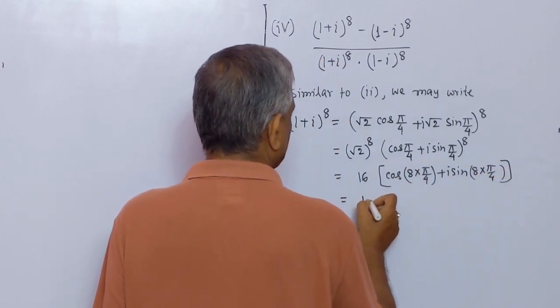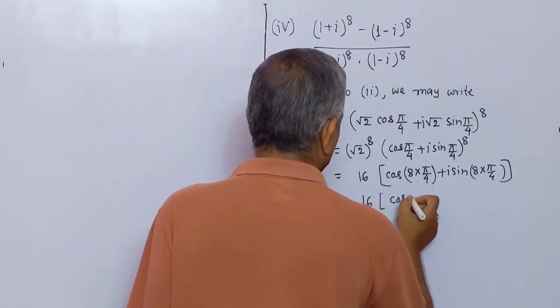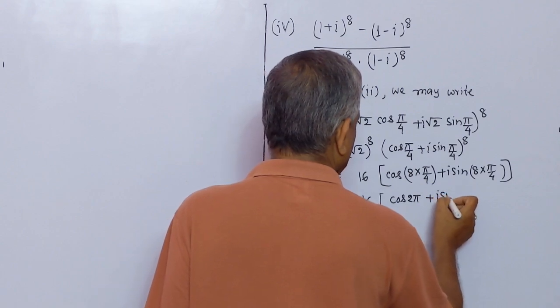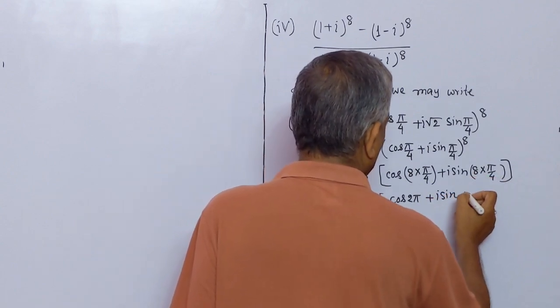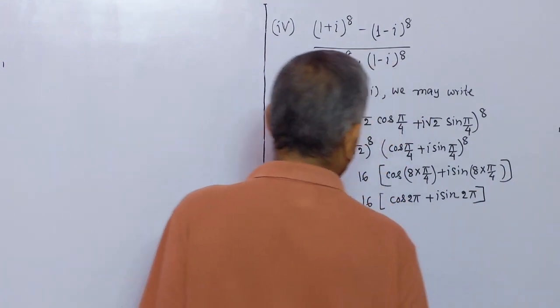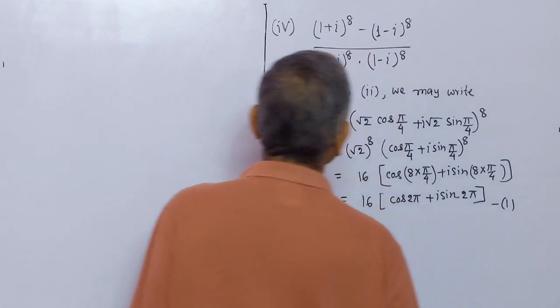Equal to 16 cos 2 pi plus I sin 2 pi. Let this be number 1.